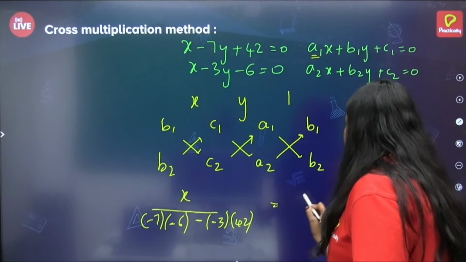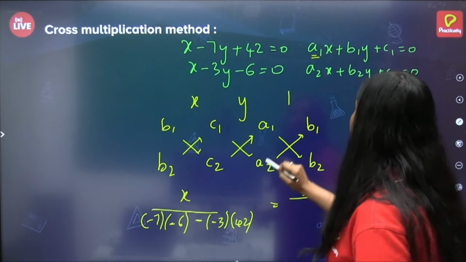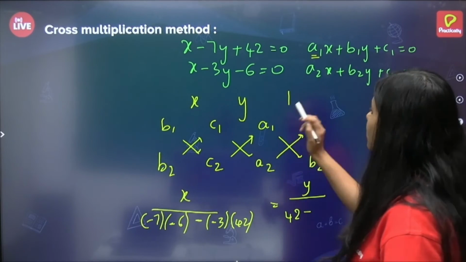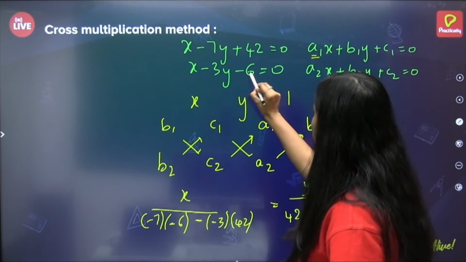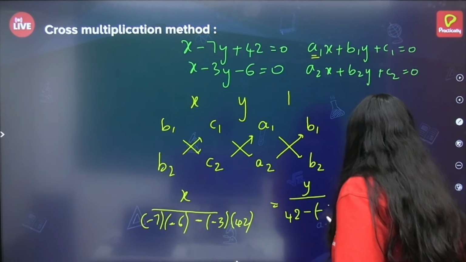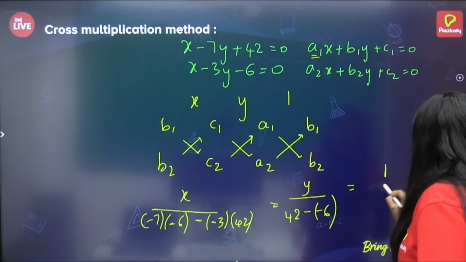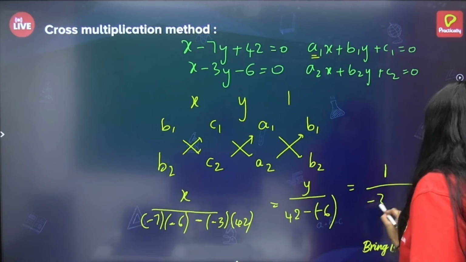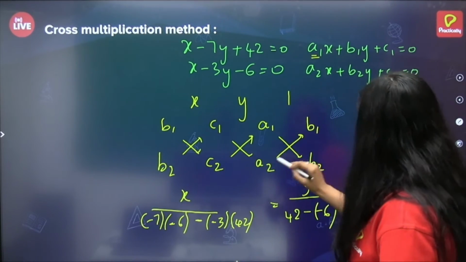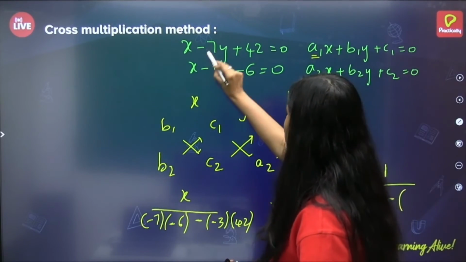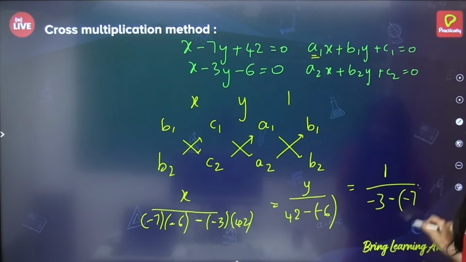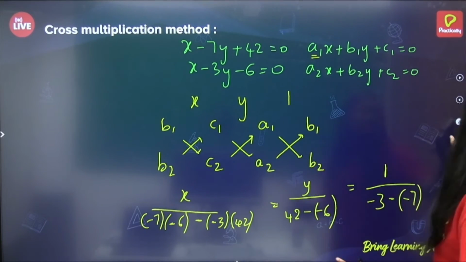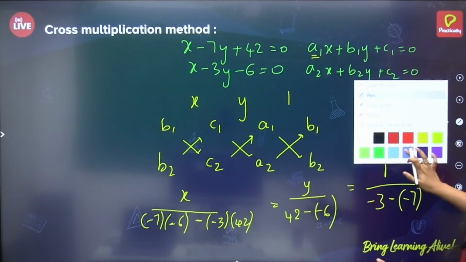Same thing you can do for y. y by c1 a2 42 minus c2 a1, c2 a1 minus of minus 6. 1 by a1 b2, a1 b2 minus 3, minus of a2 b1, a2 b1 minus 7. Done. Simple. Now you can just equate. Very easy. So this is the last step of cross multiplication.